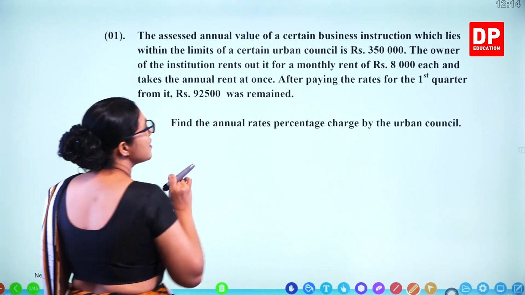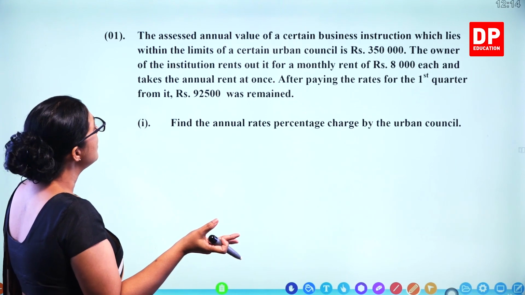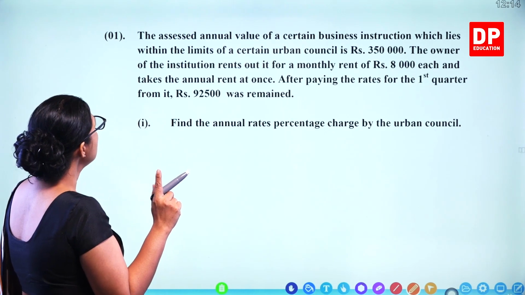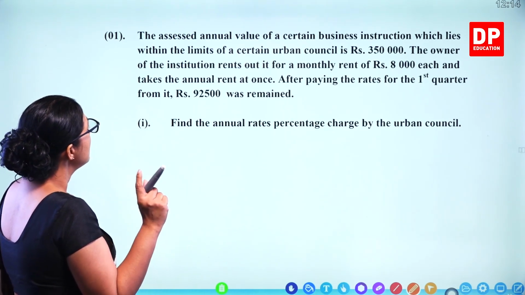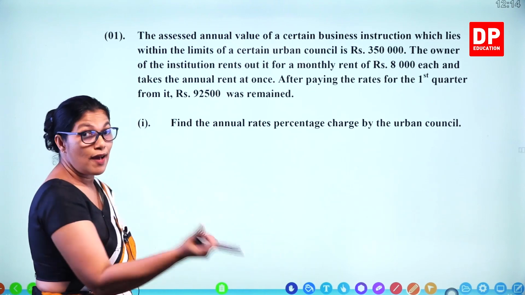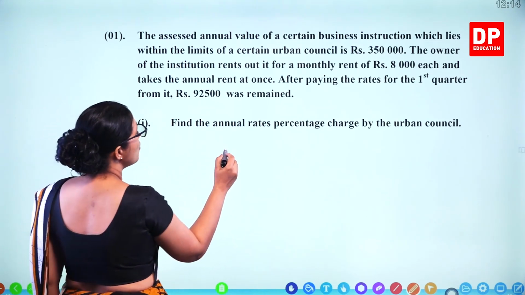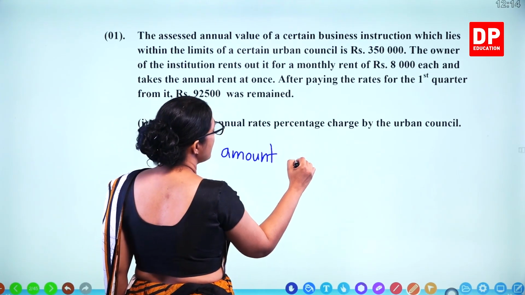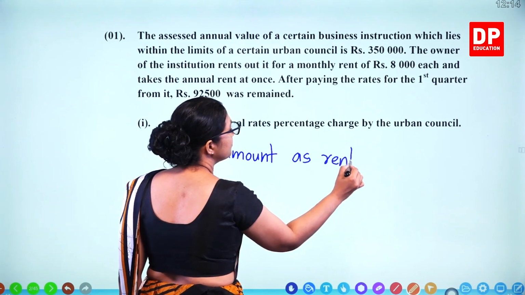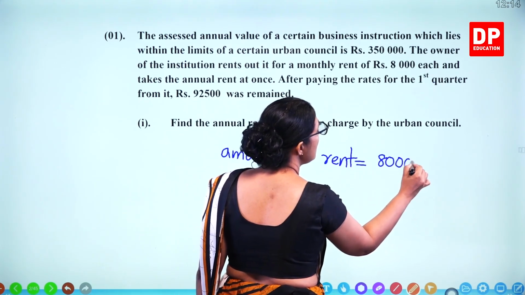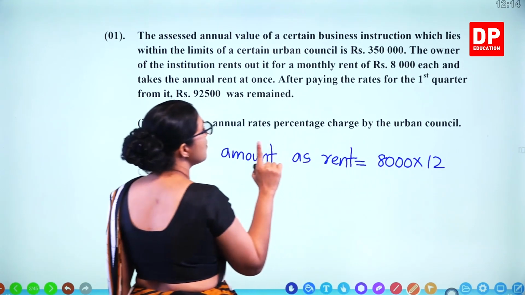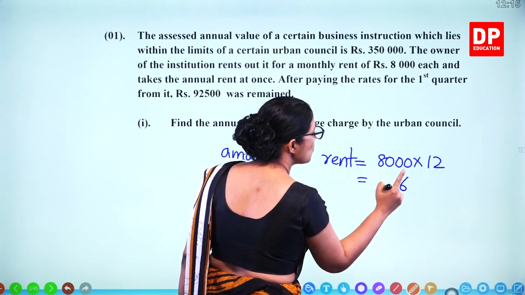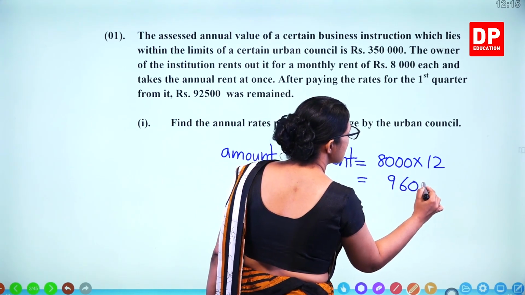The rates per year divided by the assessed value. The rent is 8,000, and for the annual value they take it at once. So what's the amount as rent? 8,000 into 12, because the monthly rent is 8,000. 8 times 2, 16, 8 times 1, 8 plus 1, 9, 96, 3 zeros.